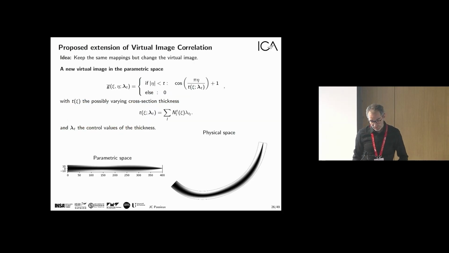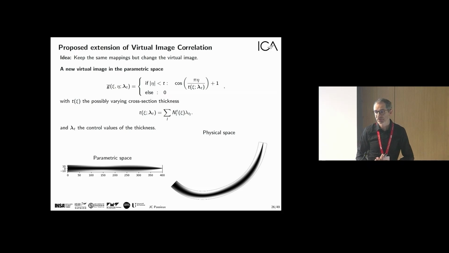So what we did is just modifying the way the virtual image was defined. The virtual image was only a function of eta, and we decided to make it dependent also on xi, just by changing the period or the frequency of the cosine function. And the period of the cosine function is now defined as a spline interpolation.